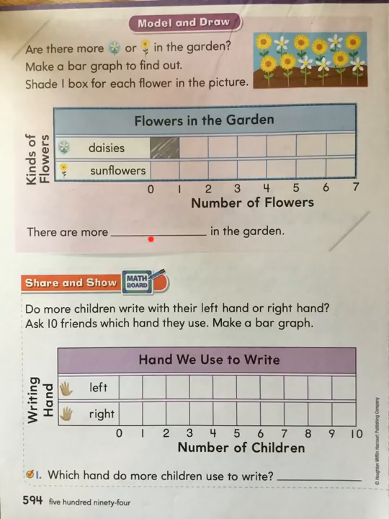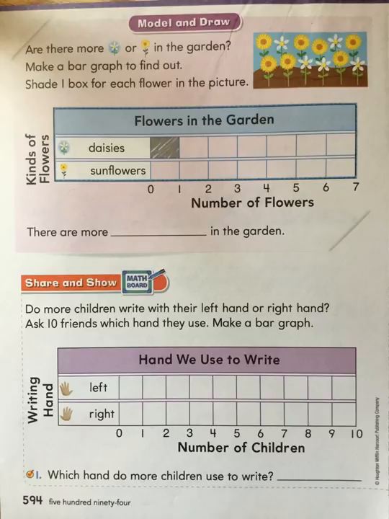There are more blank in the garden. So we're going to use this picture to figure out where we need to color in our bar graph and to answer that question. Just like we did on the other page, we're going to cross off one at a time and color in one section of the bar at a time.